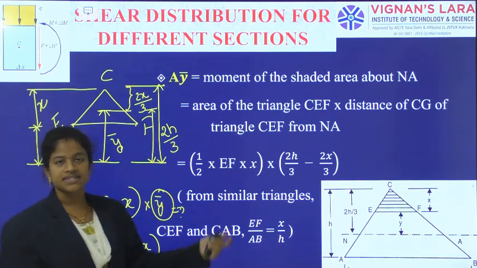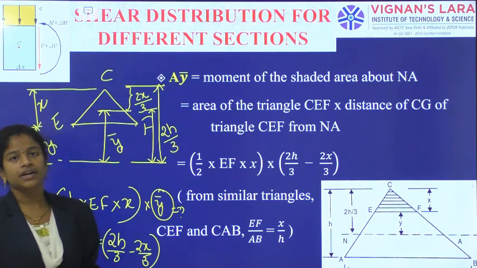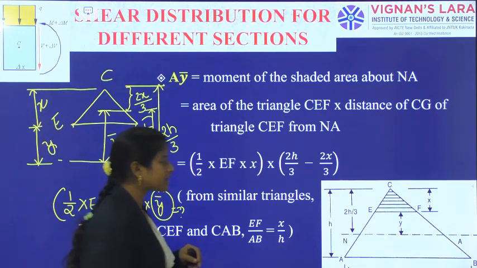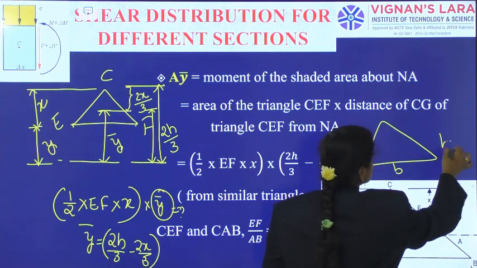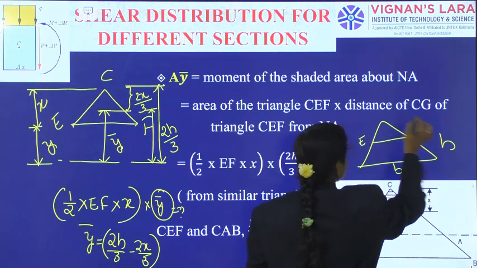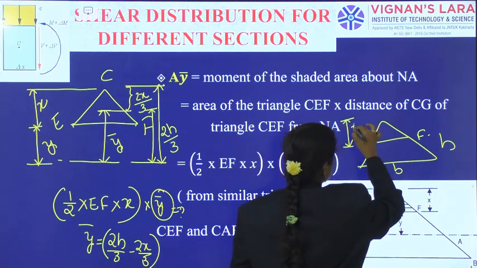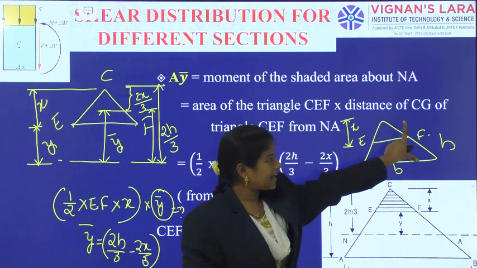Now the EF is still unknown for us, right? So further I am using the similar triangle condition. From the similar triangle conditions, what can I say? This is B, this is H, this is EF and it is X, right? So base, height.